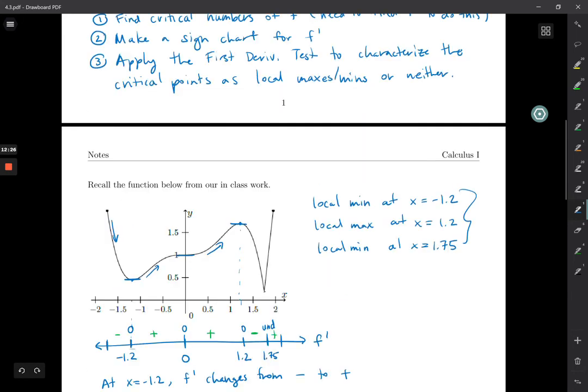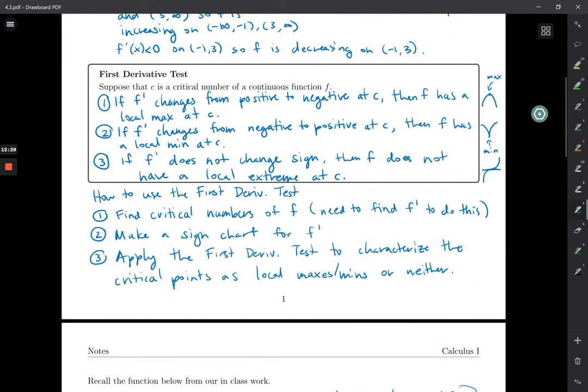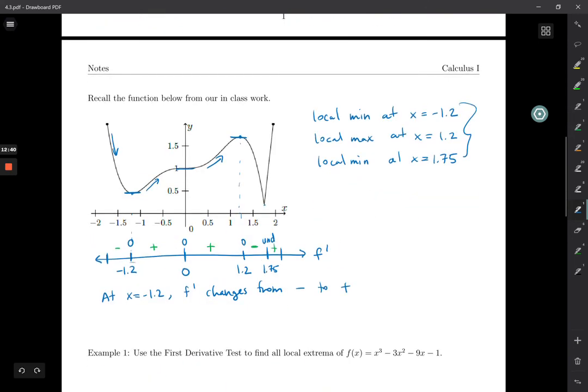And if we look up at the first derivative test, this would be the second condition: f prime changes from negative to positive, then we have a local min. So we get a local min at x equals negative 1.2.